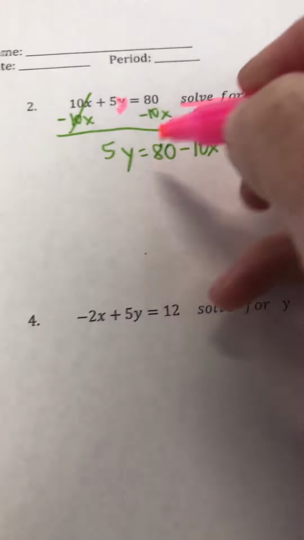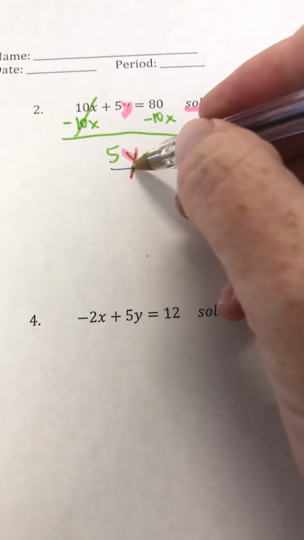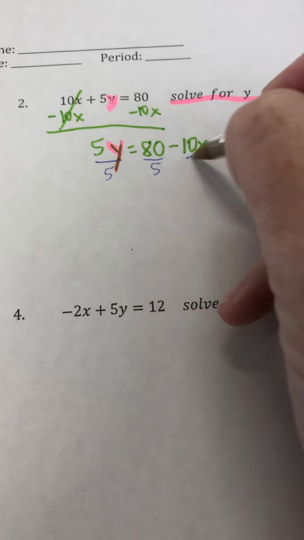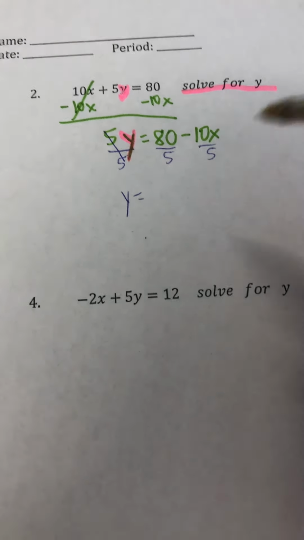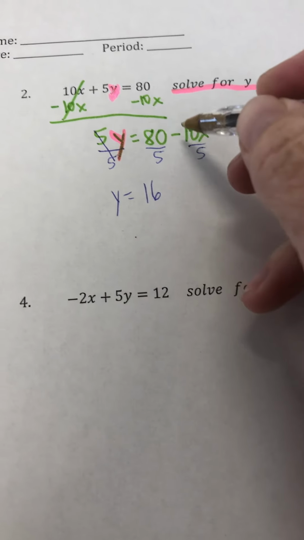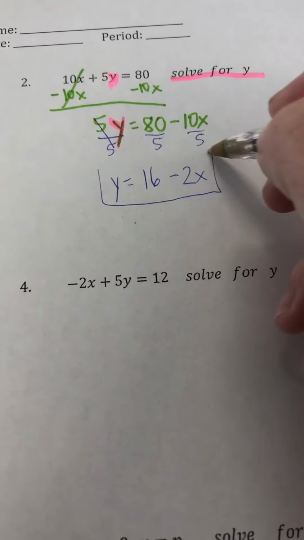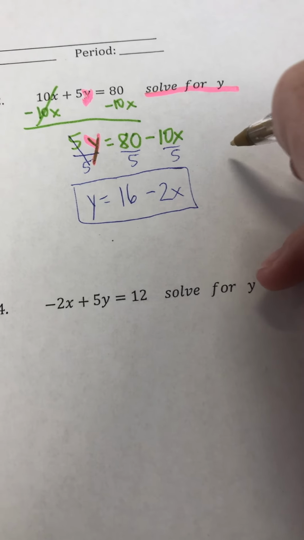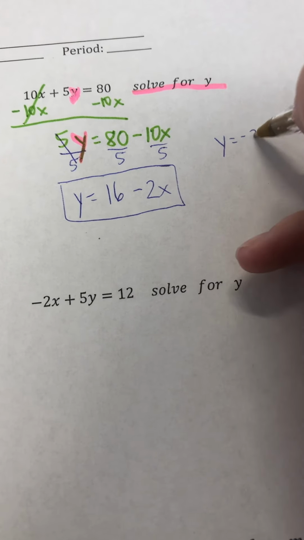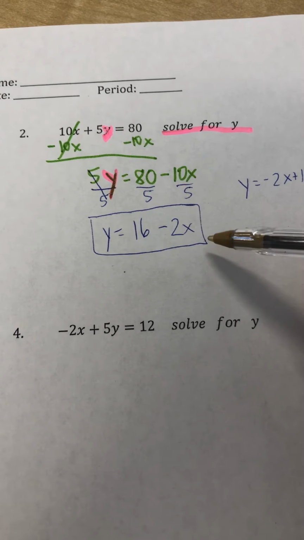And again, I want y by itself, and it says 5 times y, so I'm going to divide everything by 5. So y equals 80 divided by 5 is 16, and negative 10 divided by 5 is negative 2. Now later on, we're going to want that in y-intercept or slope-intercept, so we would want y equals negative 2x plus 16. So if you did that, good for you, but this is really what we're doing today.